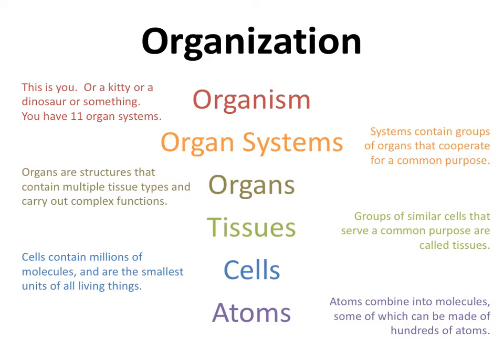Oftentimes tissues are organized into sheets that are layered upon one another to make the organ. Sometimes the cells of a tissue are in a cluster to make a different type of structure. But as long as you've got multiple tissue types, making something more complex, you've got an organ.